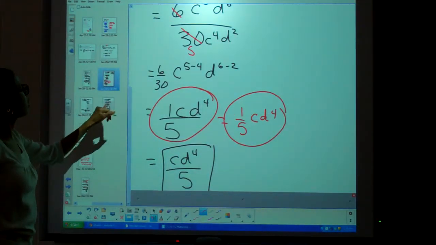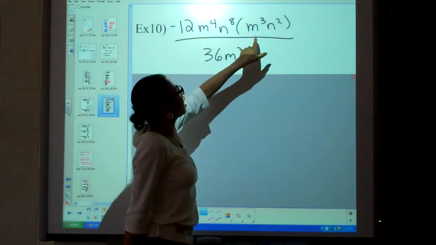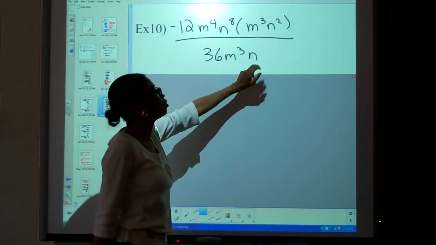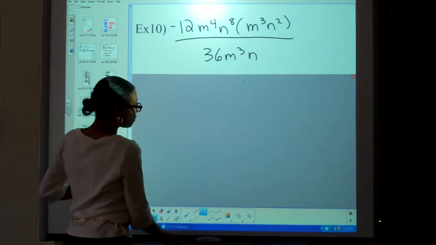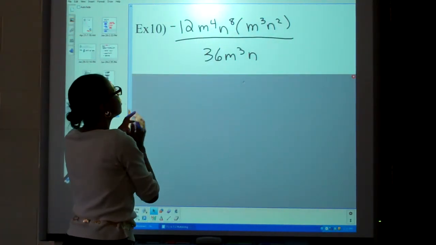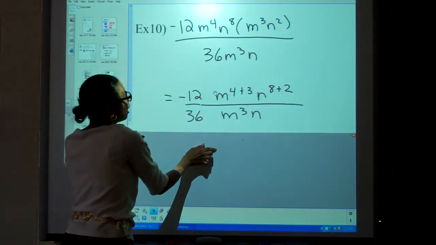Last one, example number 10: negative 12m to the 4th n to the 8th times m cubed n squared, divided by 36m cubed n. Again, I'm just going to multiply these two together in the numerator and bring the 36m cubed n in the denominator straight down.